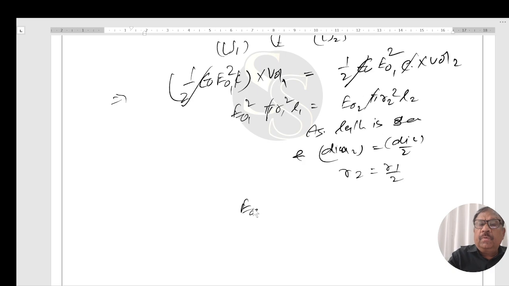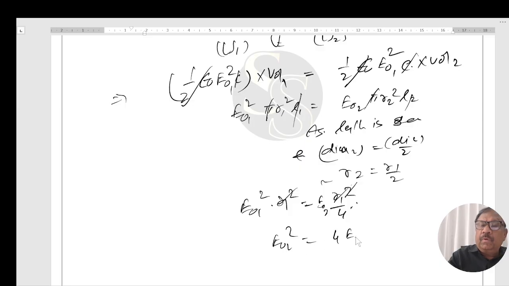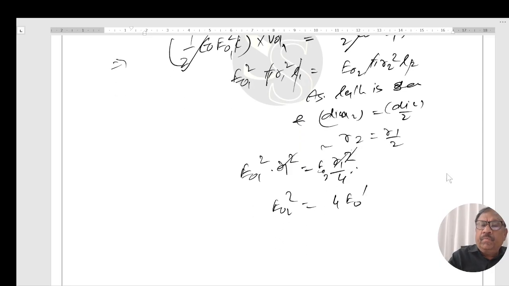So E naught 1 square, L1 cancels with L2, R1 square equals R1 square by 4 E naught 2 square. Then R1 square goes, E naught 2 square equals 4 E naught 1 square. In that case, E naught 2 equals twice E naught 1. So it will be double of that.